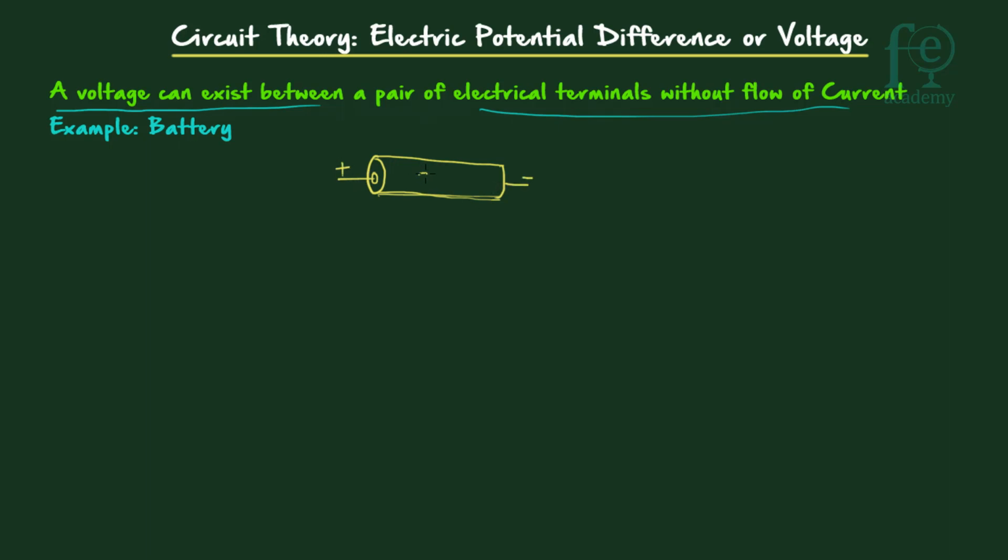Let us say this battery is 1.5 volt. Even though there is no current flow through this battery, since there is no external connection, we say that there exists a voltage of 1.5 volt across these terminals. So it is not necessary that there be current flow for a potential difference to appear across the two terminals.